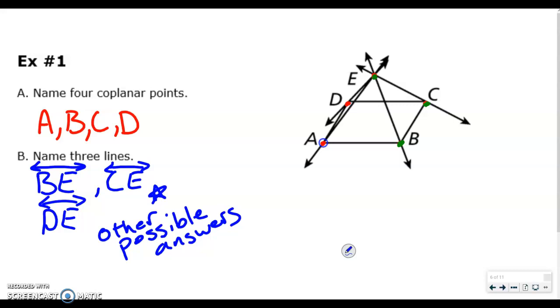And you could also flip the names of any of these. EB, EC, ED. That could be as well. And really even, you could extend out A and B to be a line, or any of those on that base. But I stuck with the ones that went up to E, since we do have the arrows going both directions on those, indicating a line.